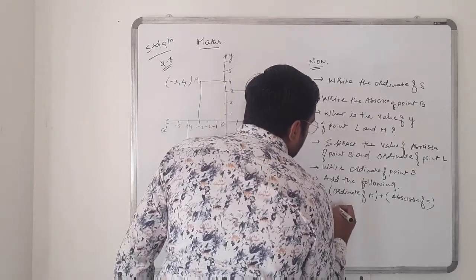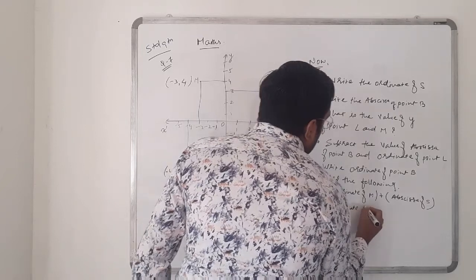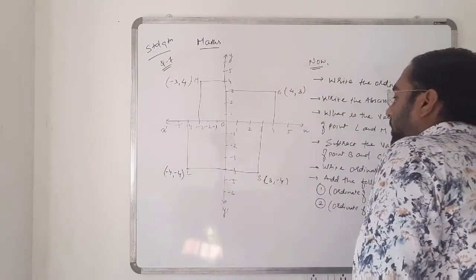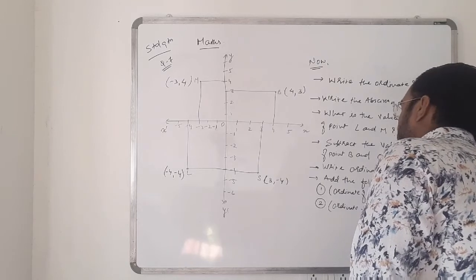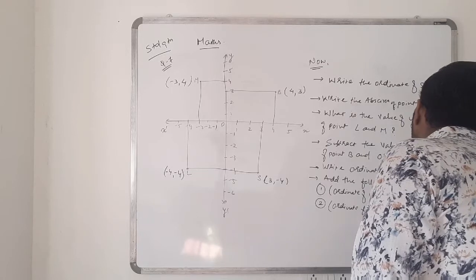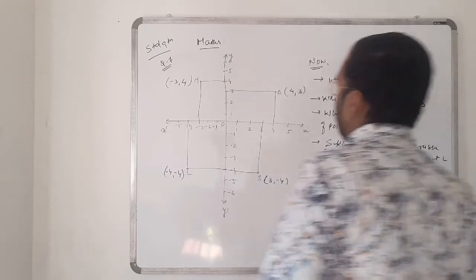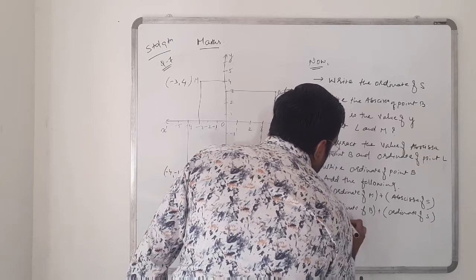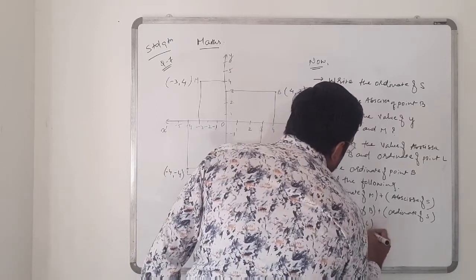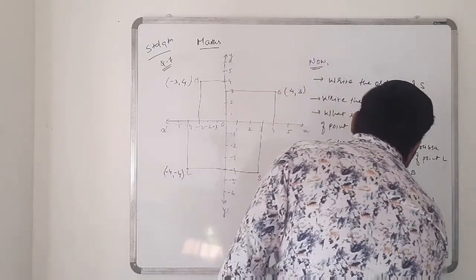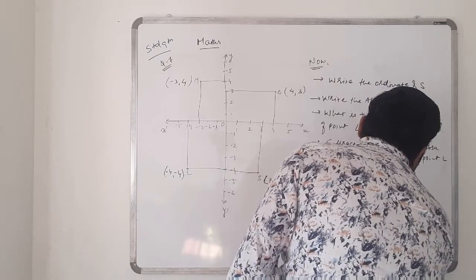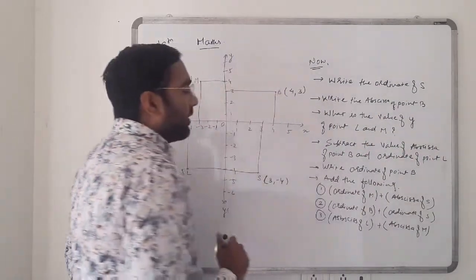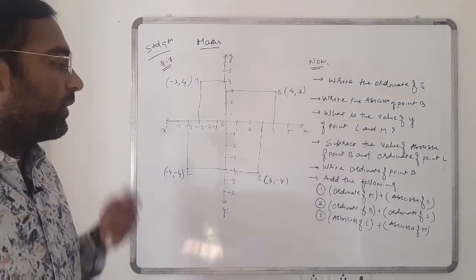Second is ordinate of B plus ordinate of S. Third one is abscissa of L plus abscissa of M. Okay, add these values, clear?